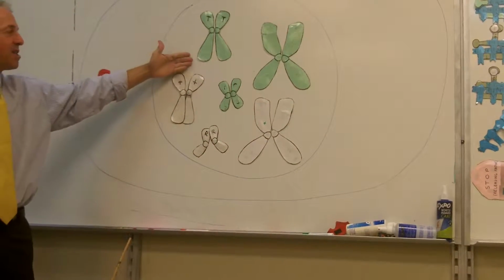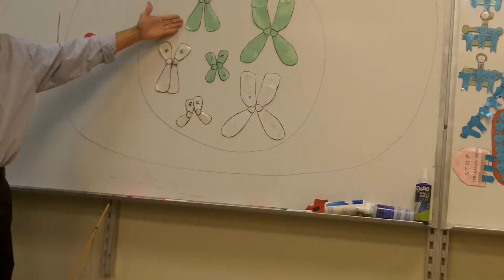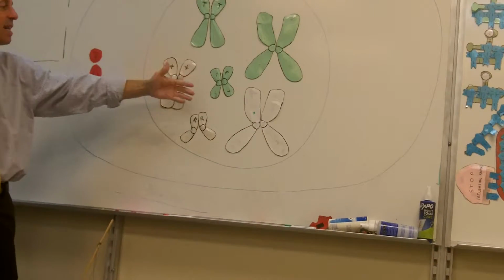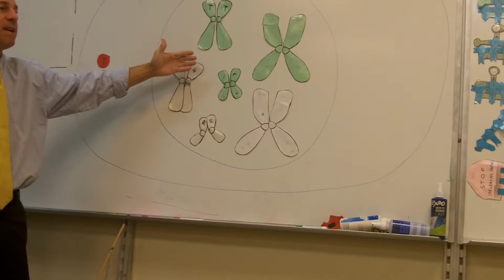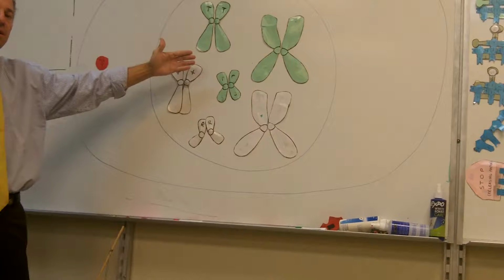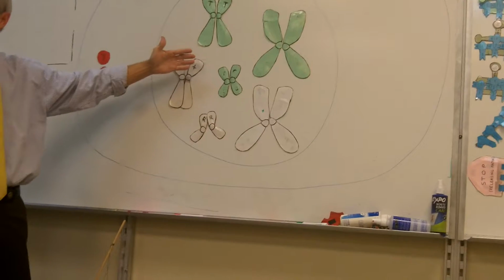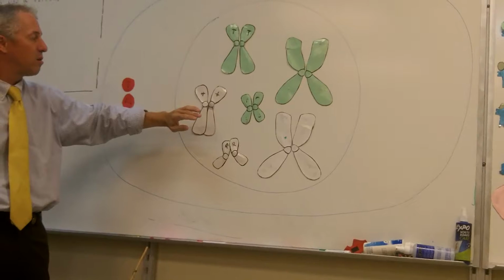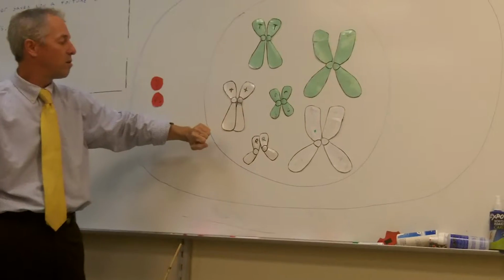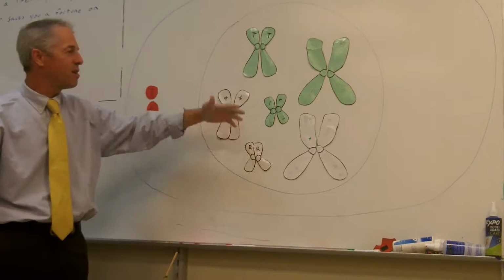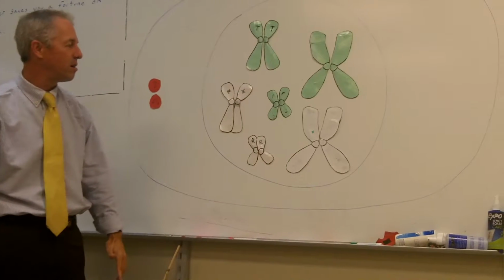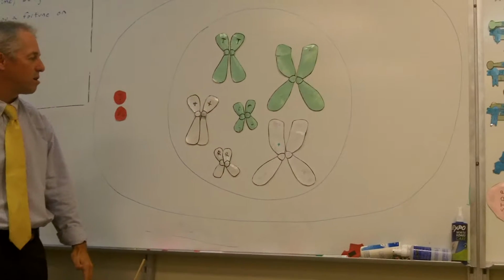Is there any evidence here that the DNA has been copied? Do you see the evidence that the DNA has already been copied in S phase? Anyone? What's the evidence? The sister chromatid.